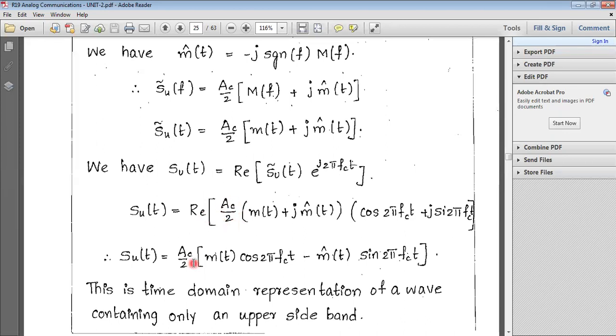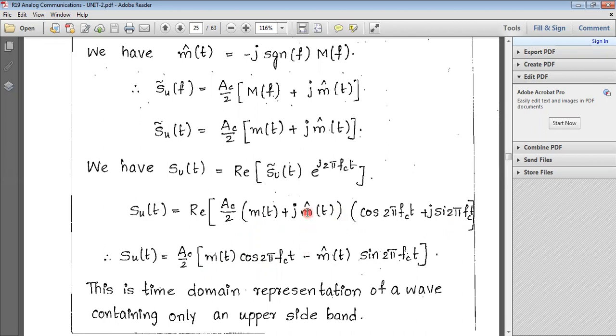AC by 2 we take as it is. After that, if we multiply with m of t into cos 2 pi fct, we write the term m of t into cos 2 pi fct. But if we multiply with m of t into j sin 2 pi fct, it becomes an imaginary term. So therefore we neglect the term.